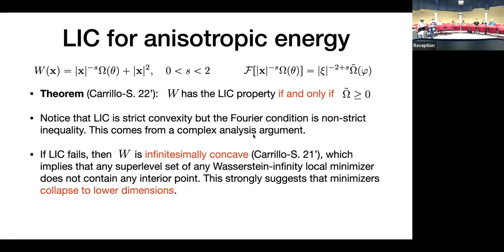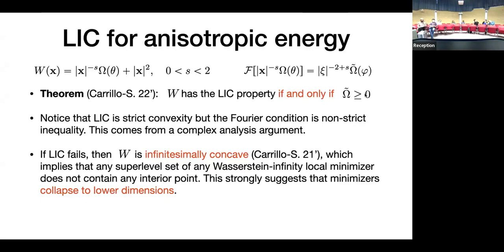So this is actually how we get this strict inequality equivalent to non-strict inequality. Okay, so this is very nice because using the explicit formula for the Fourier transform, we know exactly what are the situations where we have the LIC property for the anisotropic potentials.